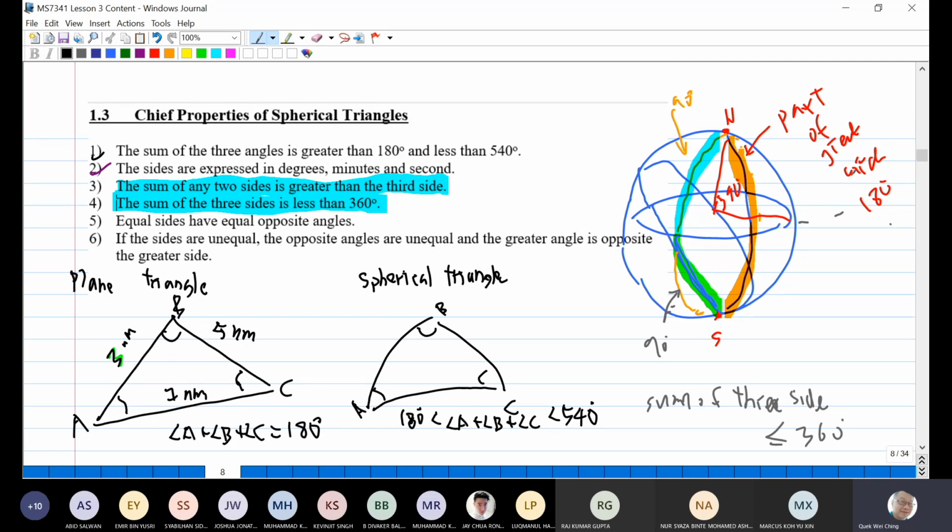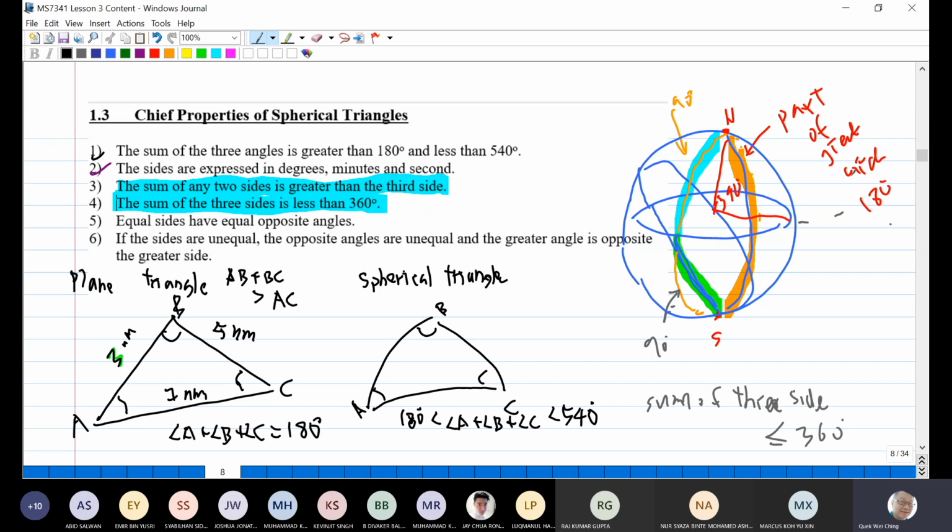So we sum up this one. AB plus BC must be greater than AC. For example, in a general triangle, 3 plus 5 must be greater than 7, right?